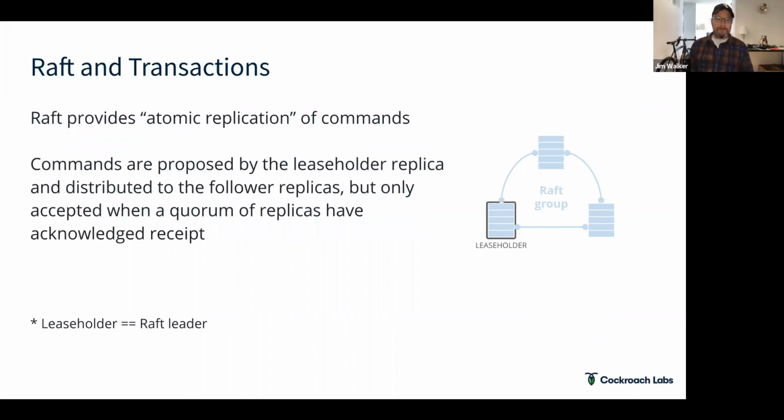And so all of this is done. It ensures that there's atomic replication of commands. Atomic means, basically, did it commit or not? And it allows us to get quorum. So 2 of 3 of the replicas have to commit for us to actually commit a transaction. That's how we ensure that the data is always correct. The leaseholder plays a very, very important role in this entire concept.